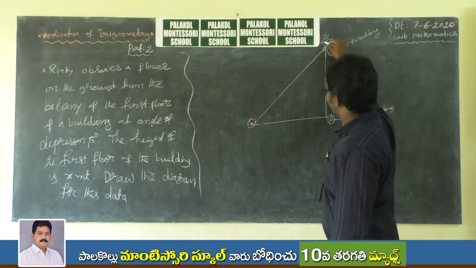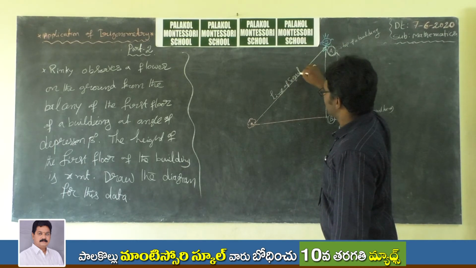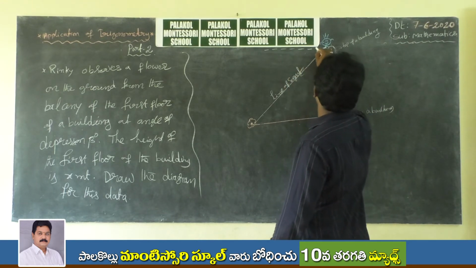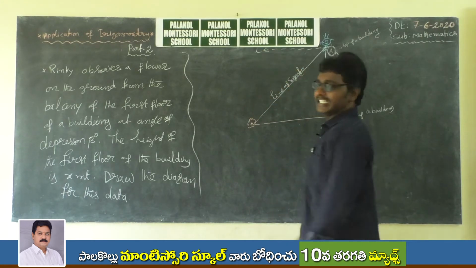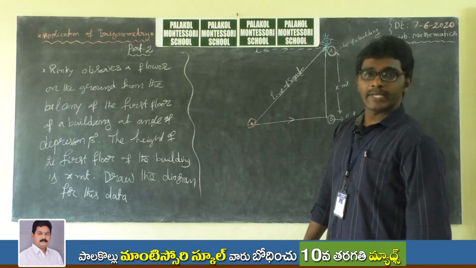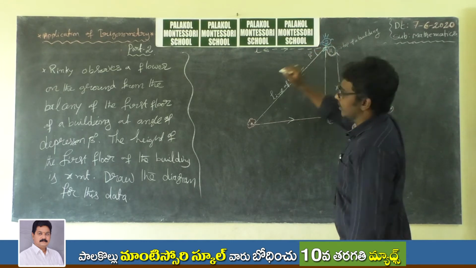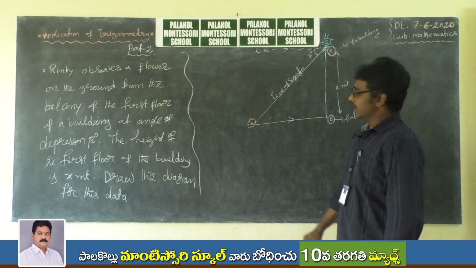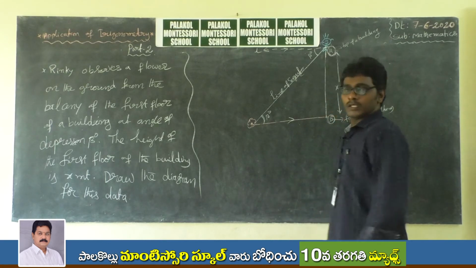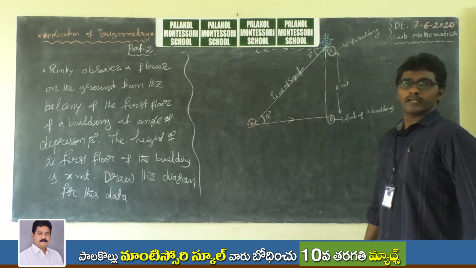So the line of sight is formed here, going down to the horizontal line. L indicates the horizontal line, which is parallel to the base. The angle formed here is equal to beta degrees according to the sum. This angle is beta degrees, and this one is also beta degrees.